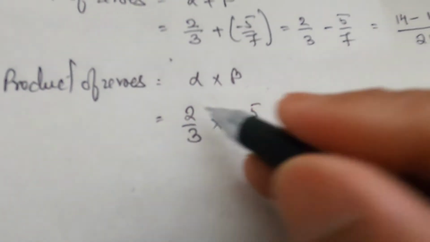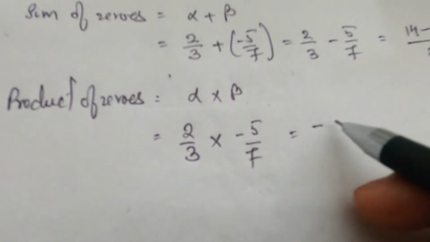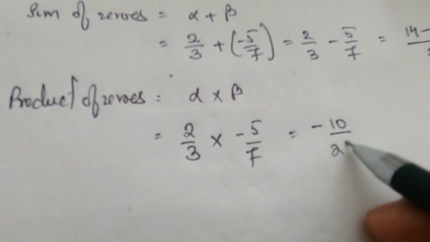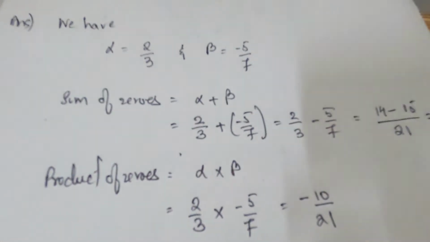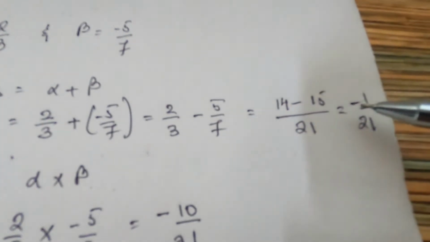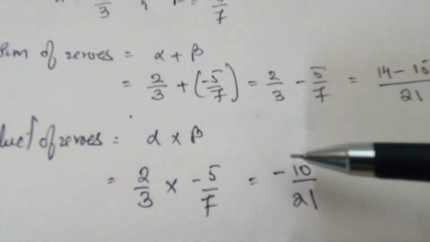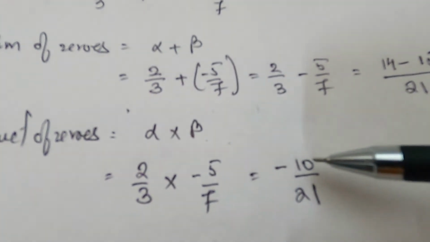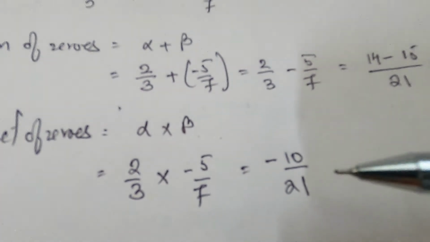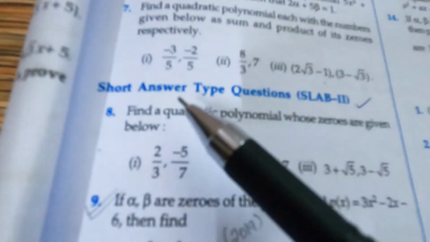So 2 into 5 will be minus 10 by 21. So here the sum of zeros will be minus 1 by 21 and the product of zeros will be minus 10 by 21. According to the question, we have to find a quadratic polynomial.